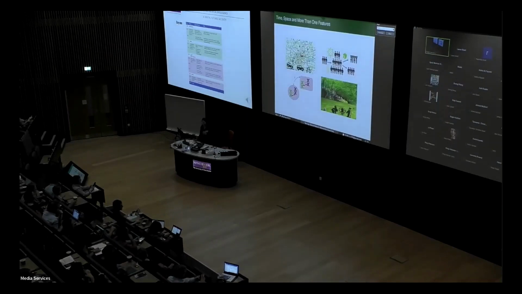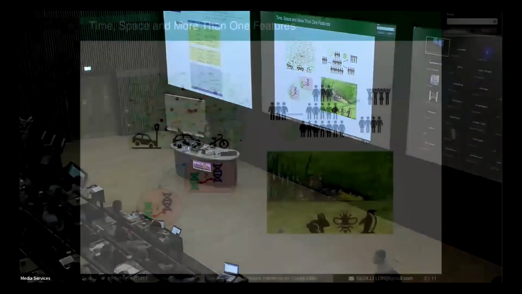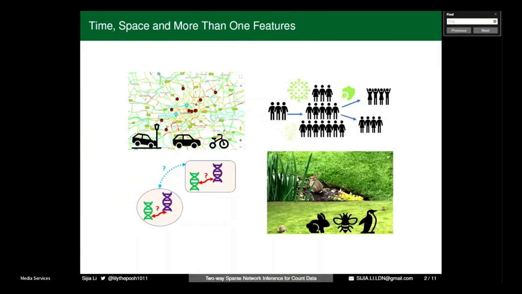So the problem we are considering is that in the real world, there are a lot of problems coming with more than one dimension. For example, for traffic, you have a problem of where and when it happens.